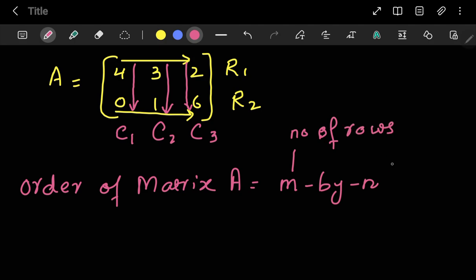Rows come first, and N indicates the number of columns.